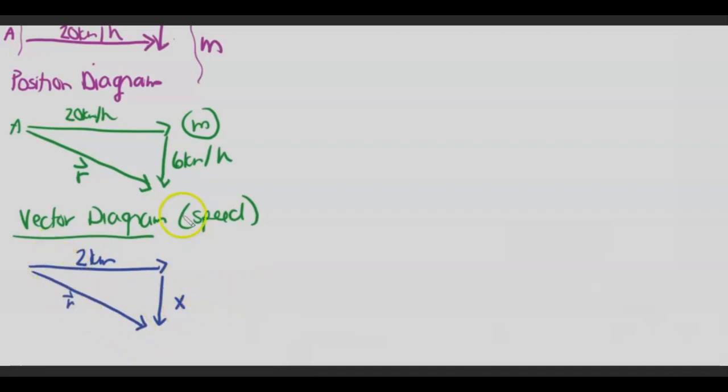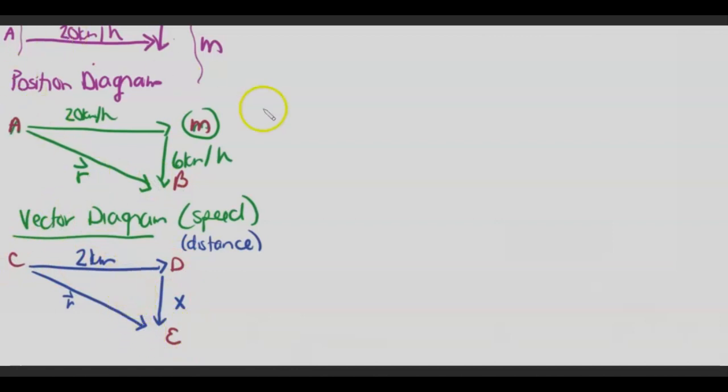Okay, so this, again, is a vector diagram, but this time this is for distance. Okay, so let's call this A, M, B, and let's call this C, D, E.